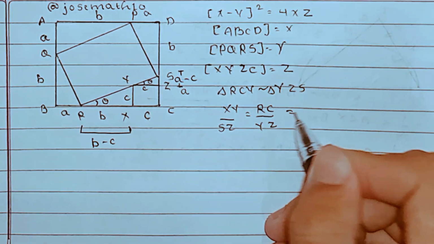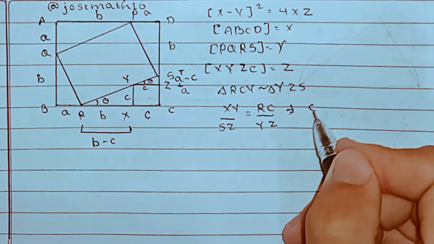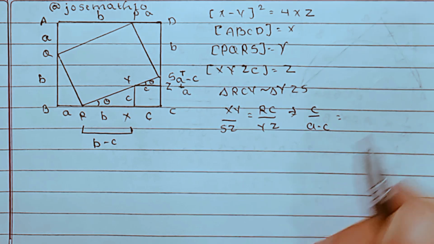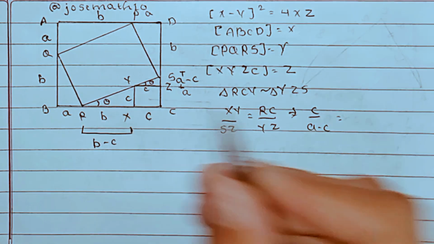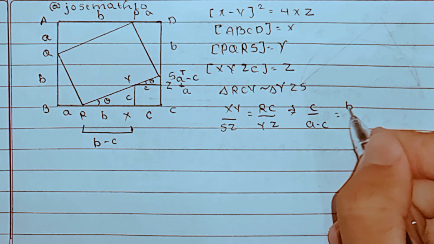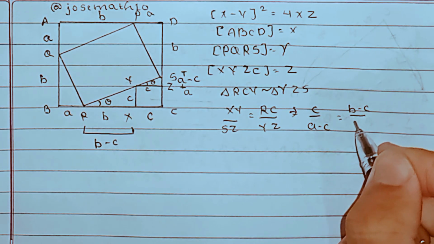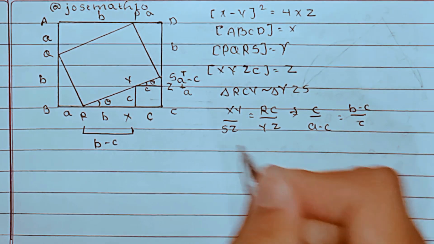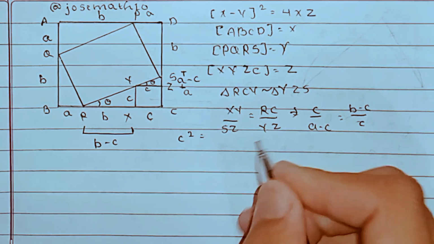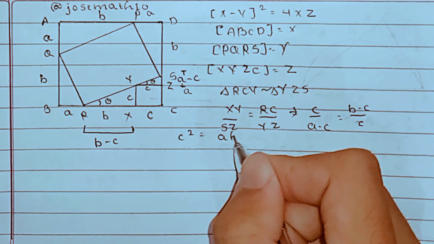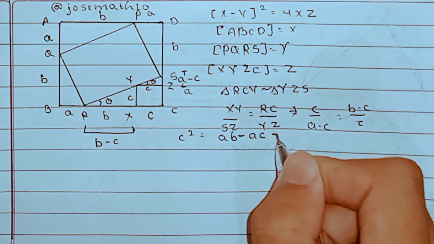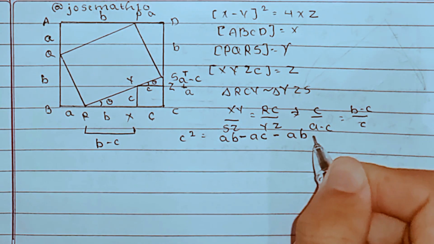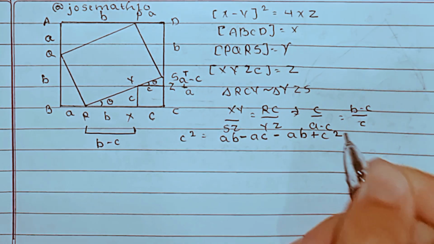So we'll get the ratio of XY, c upon a minus c, is equal to RX, which is b minus c upon c. So c square is equal to ab minus ac minus bc plus c square.